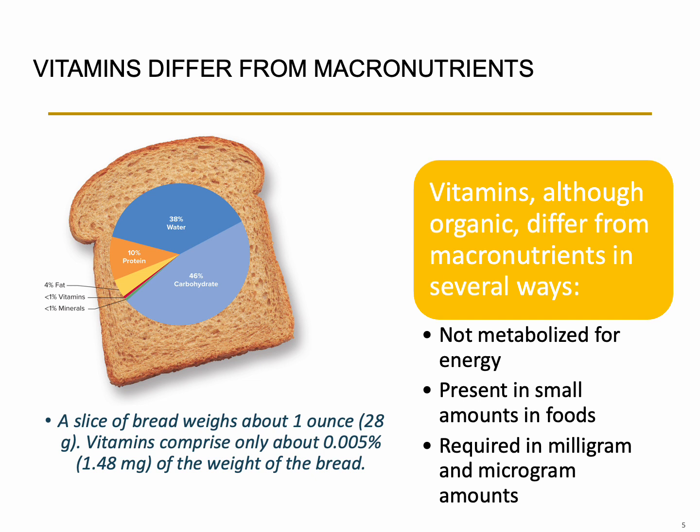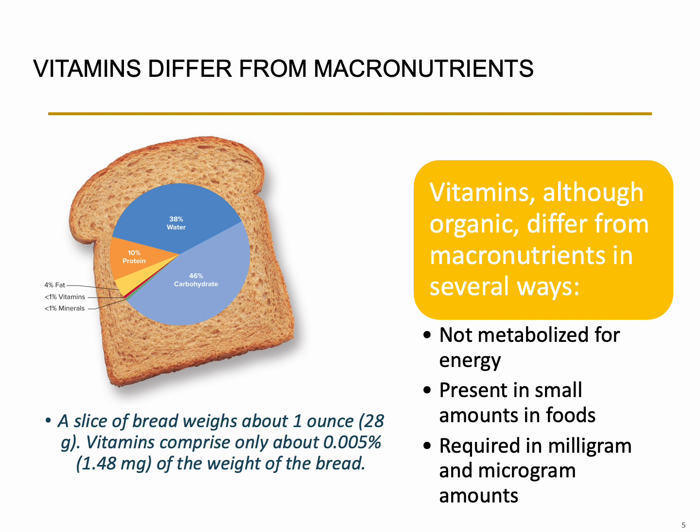So we can think about this example with a slice of bread. A slice of bread has a very, very tiny fraction that has vitamins in it. So we're talking about 1.48 milligrams of the weight of bread.